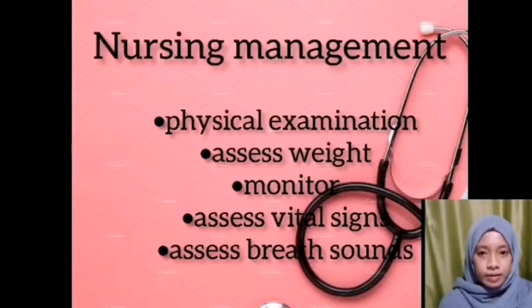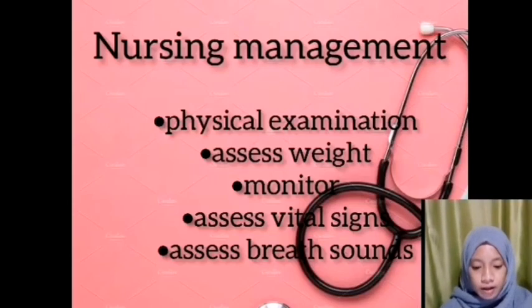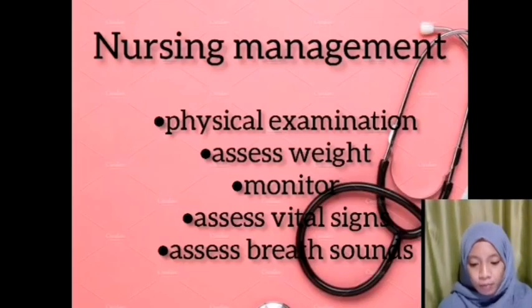Nursing management. The nurse's role in the care of a child with AGN is crucial. Nursing assessment of a child with AGN includes physical examination: obtain a complete physical assessment and assess weight. Monitor daily weight to have a measurable account of fluid elimination. Monitor intake and output.